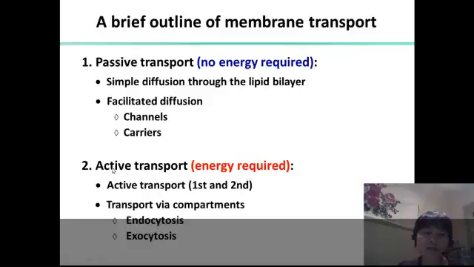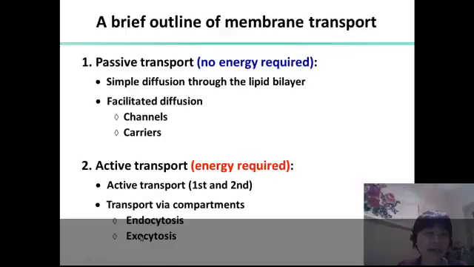The other group is active transport, which requires energy. For active transport, you have the first type, primary active transport, and the second type, secondary active transport. You can also have transport via compartments, that is endocytosis and exocytosis.